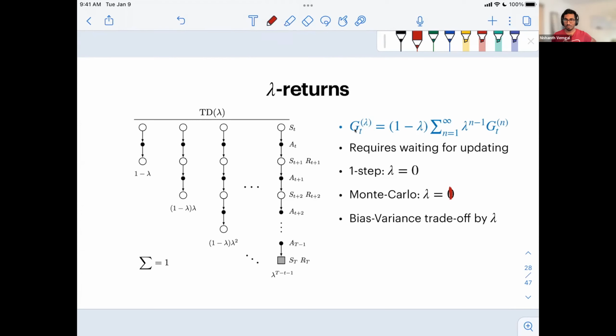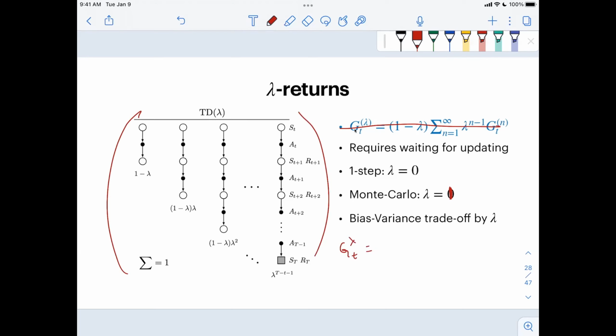Right. So for this talk, let's simplify. Let's not look at this equation for now, and let's think of this diagram. So what we have is GT lambda, which is nothing but a convex combination of different returns, right? So let's just take that.